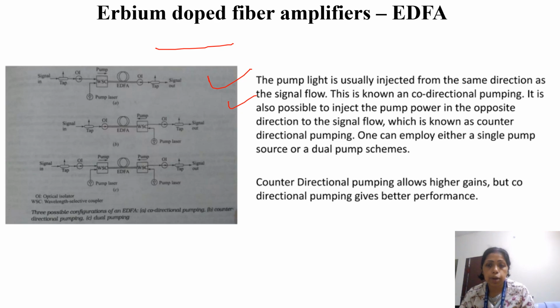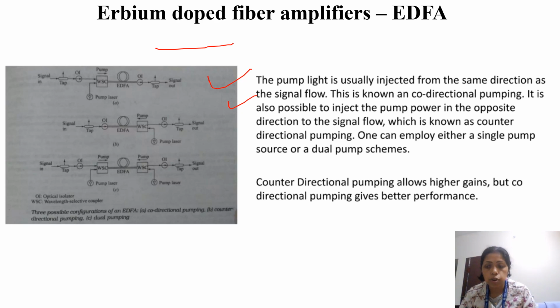So in the left side diagram, you can see there are three diagrams. One is the one pump laser. The second one is the pump laser from the right side, and the third one is both sides feeding the pump laser.